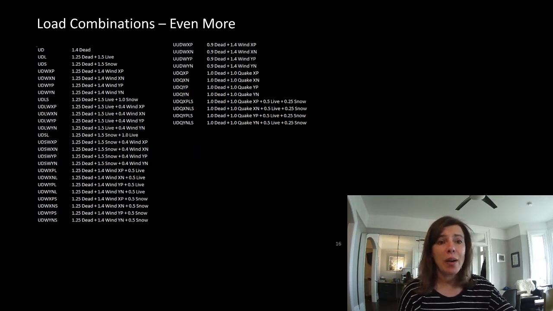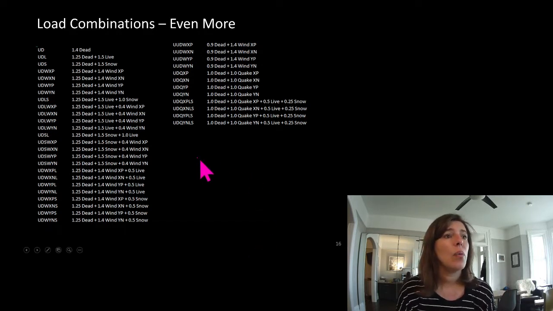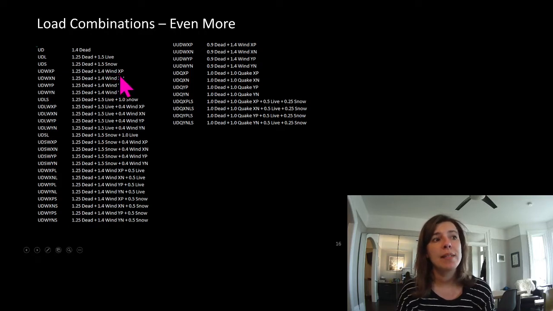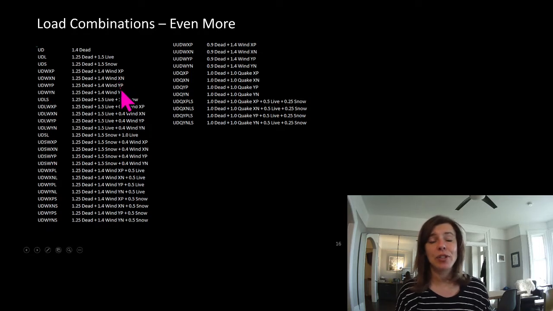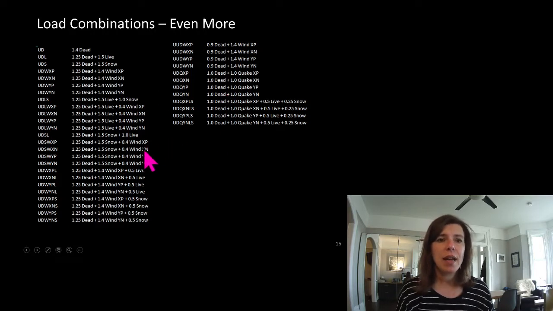So everywhere we had a wind case or an earthquake case, we need 4 of them. So we have our dead load plus 1.4 times our wind in the x positive direction, our x negative direction, wind y positive and wind y negative. That's a lot of equations all of a sudden.